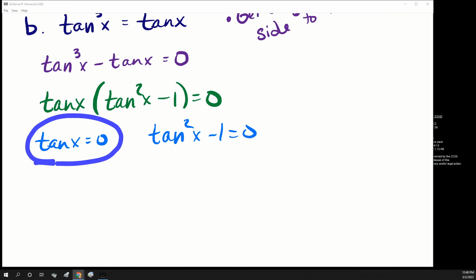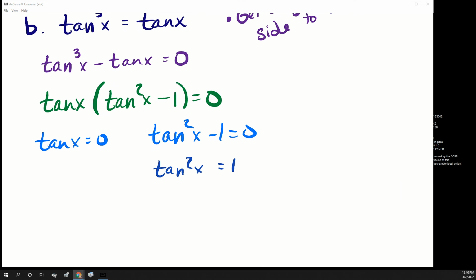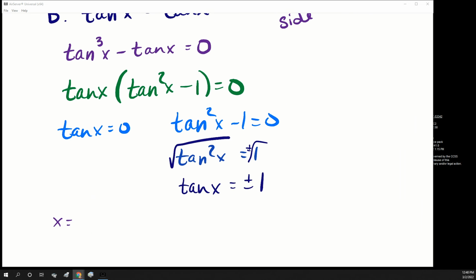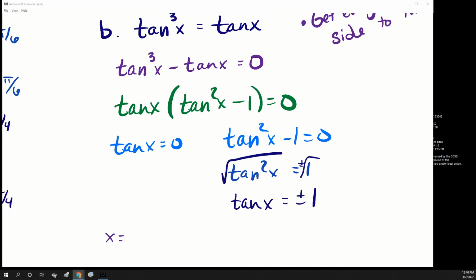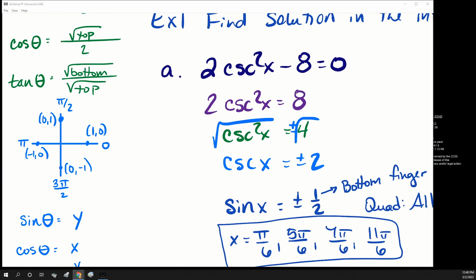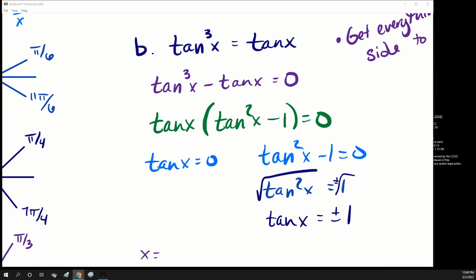So this one, we're going to hold off on it. We don't really need to do anything. The other one, we are going to do a little algebra. All right. So if we have that the tangent is equal to 0, where are we going to go? Over here, the unit circle.